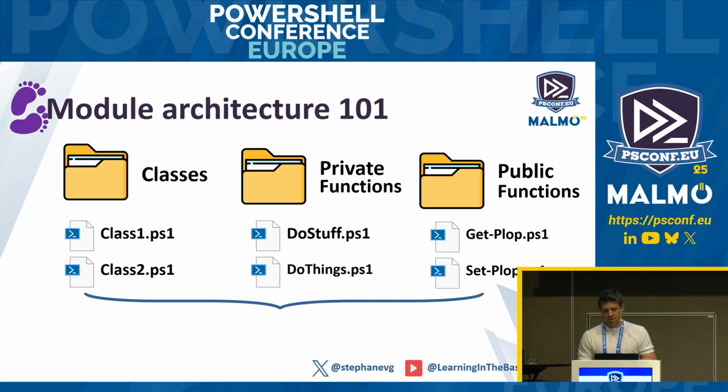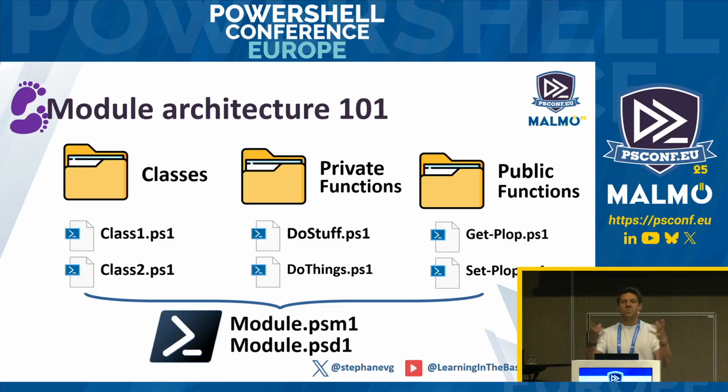And then we have those individual elements, and we have what we call a build process, which will actually recreate this PSM1 file together with the PSD1. By doing that, you separate the elements, and you can easily find them in your VS Code.